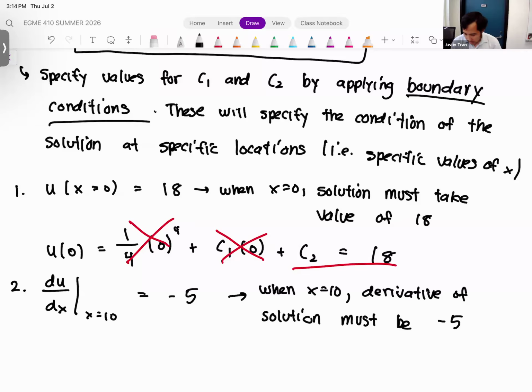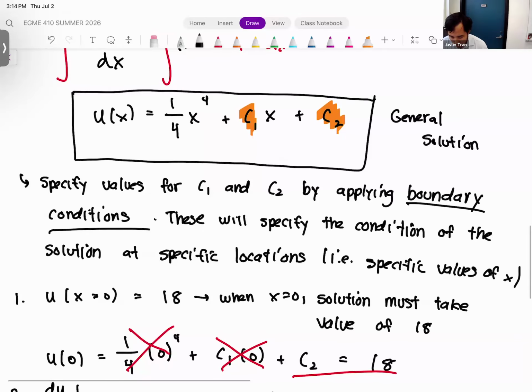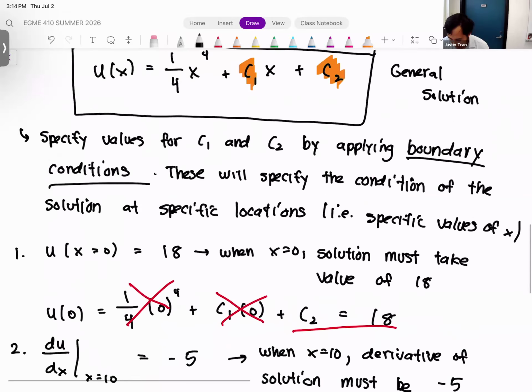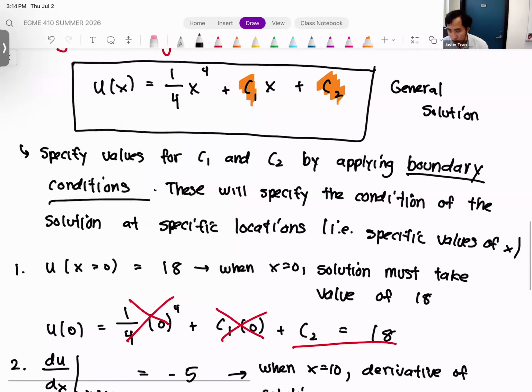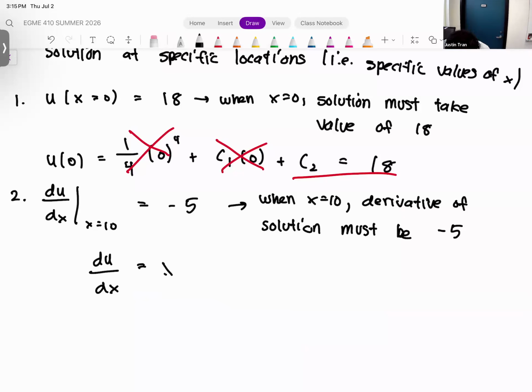Okay, so let's go ahead and do just that. We do need to take the derivative of our general solution here, right? So we take du dx of our general solution, being this expression up here, 1/4 x to the fourth plus c1x plus c2. Taking the derivative is going to cancel out the c2, and everything else gives us x cubed plus c1.